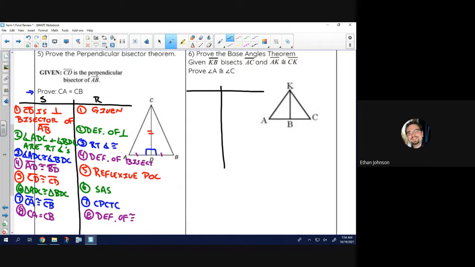And 6, prove the base angle theorem. So we cannot use it in its own proof, but we have two given statements. So let's write down our first one. Segment KB bisects segment AC. That has a vocab word in it, so I know my next reason is definition of that vocab word.